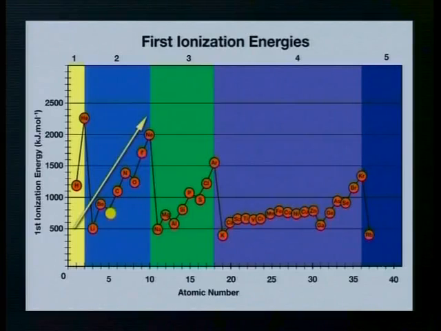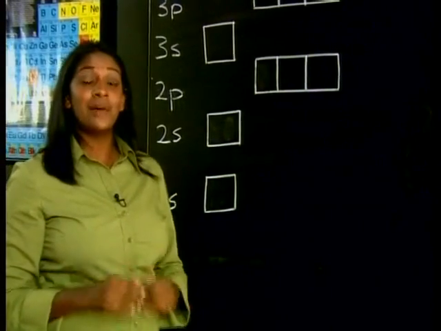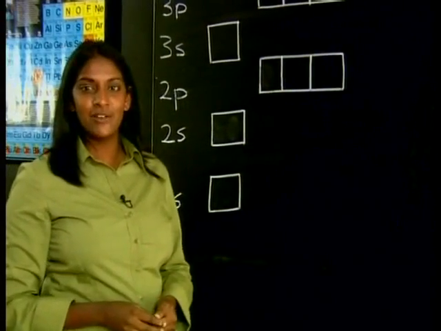Boron, which is in group 3, has a lower ionization energy than beryllium, which is in group 2, and oxygen, which is in group 6, has a lower ionization energy than nitrogen, which is in group 5. We can explain these exceptions by looking at their energy level diagrams.